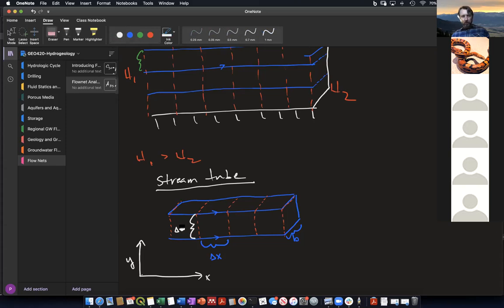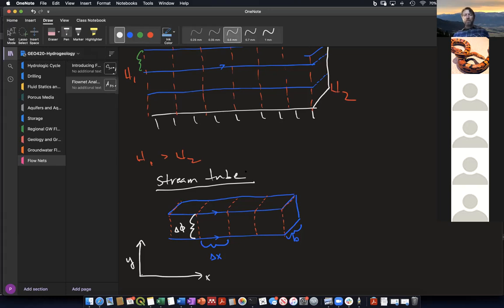Let's call this delta phi. That's the distance in the Y direction between two streamlines. We could call it delta Y or delta phi, whatever we want.